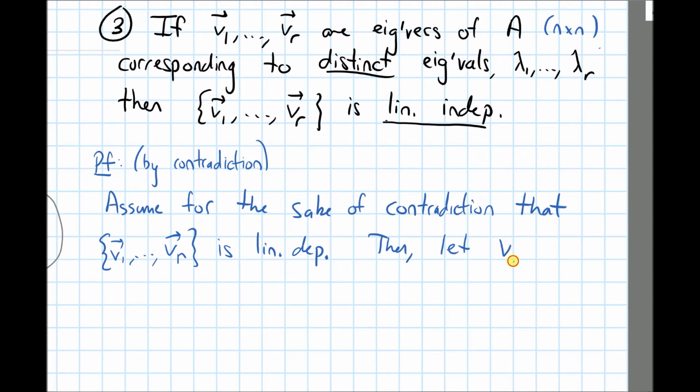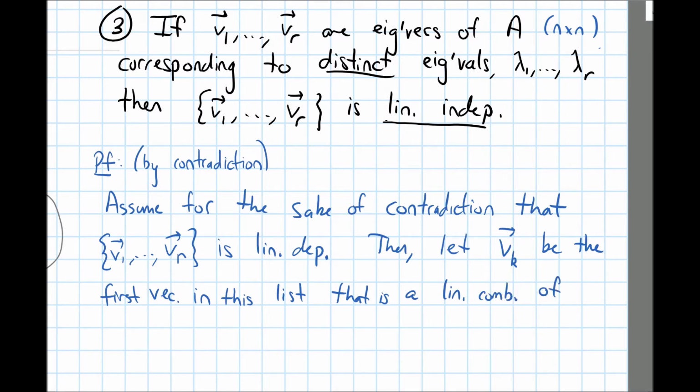Let's let Vk be the first vector in this list that is a linear combination of the preceding linearly independent vectors. Okay, so let me write that down.